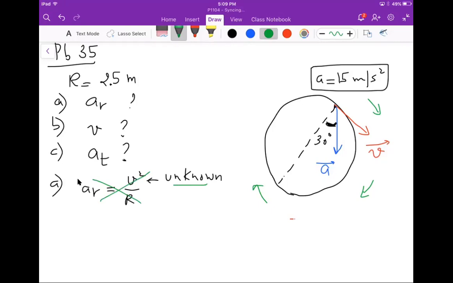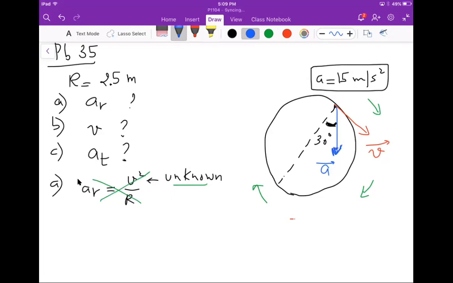What do we have to apply then? We have to check what we know about the acceleration in general. There is something very important in this problem. We are told that this vector A is the total acceleration of the particle at the instant shown in the figure, and we know its value.